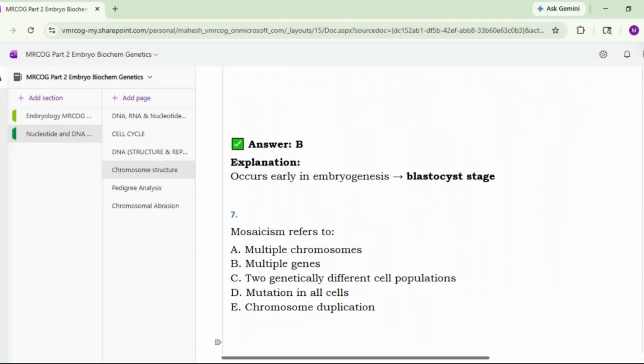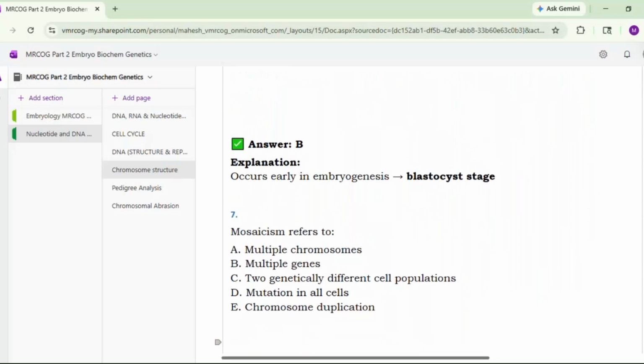Mosaicism refers to: multiple chromosomes, multiple genes, two genetically different cell populations, mutation in all cells, chromosome duplication. Sir, mutation, two genetically different cell population. So mutation in all cells? No. Mosaicism is two genetically different cell populations, because this inactivation is random. But it is permanent in that cell line.